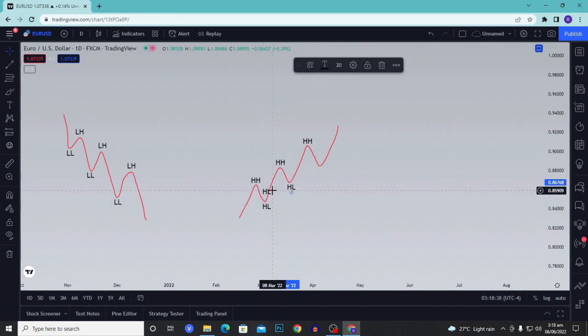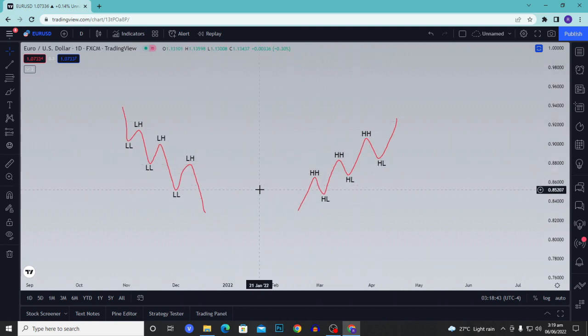Okay, these are the higher lows right here. See, pretty easy to understand. For determining a downtrend, we look for lower highs and lower lows, while determining an uptrend, we look for higher highs and higher lows.